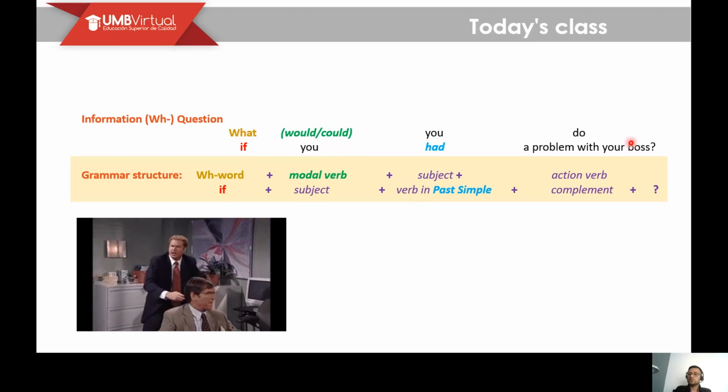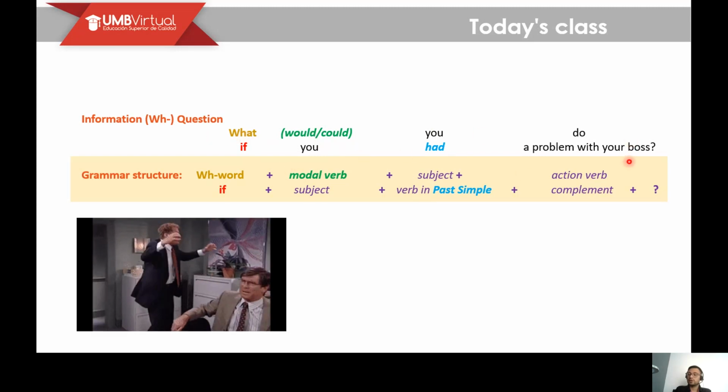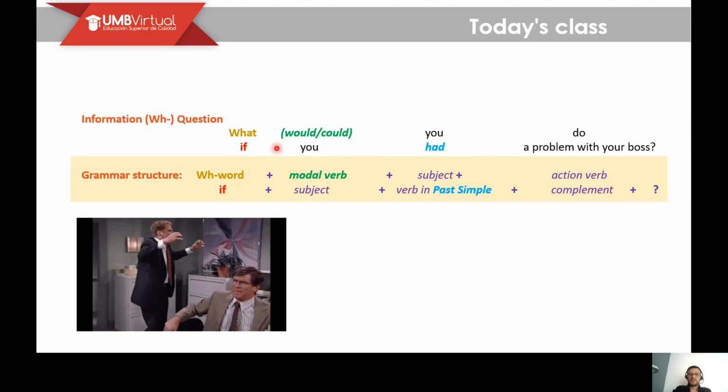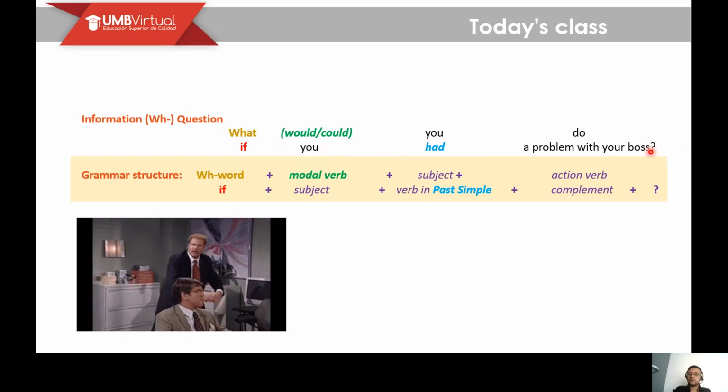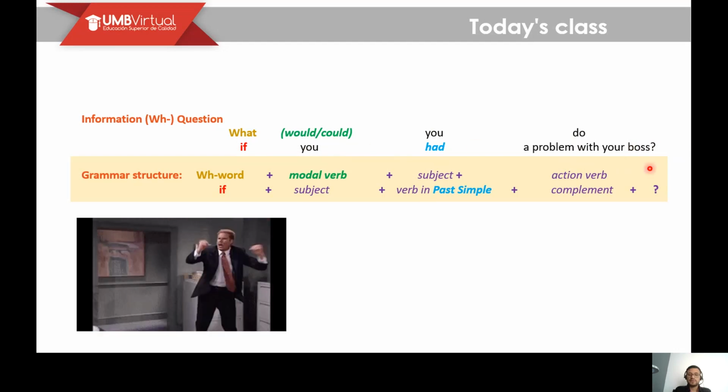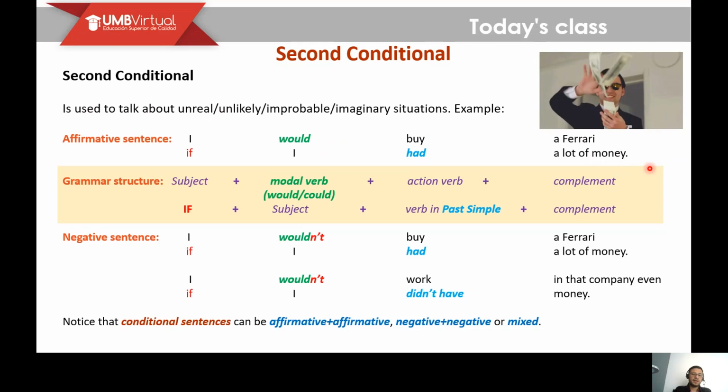What could you do if you had a problem with your boss? Or if you had a problem with your boss, comma, what would you do? Listo. Esa es la forma en que utilizamos information questions.